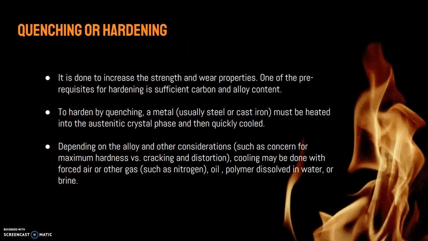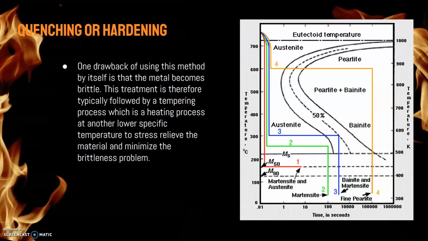Depending on the alloy, you can cool it in water or oil, but it can also be done in forced air or other gases like nitrogen. There are other materials such as salt water or polymers, but usually you see oils or water. One drawback of this method by itself is that the metal becomes brittle upon hard quenching. This treatment is therefore typically followed by a tempering process, which allows some of the stresses to be relieved.